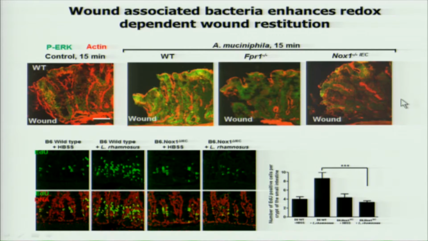And then, as I mentioned, these things have functional properties. We can do add-back probiotic experiments with these wound-associated bacteria, whether it's lactobacilli or Akkermansia. In wound beds, it can stimulate activation of ERK phosphate, or ERK MAP kinase, implying that there are some signaling events by these beneficial bacteria. We're able to show stimulation of proliferation within the crypts. So these are functional outputs of these bacteria that have been selected to be enriched in wound beds.